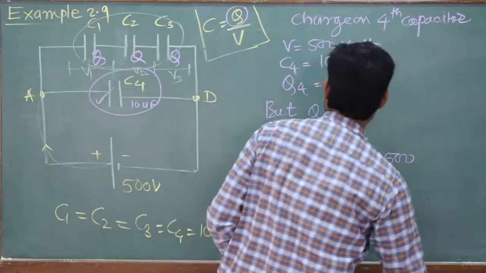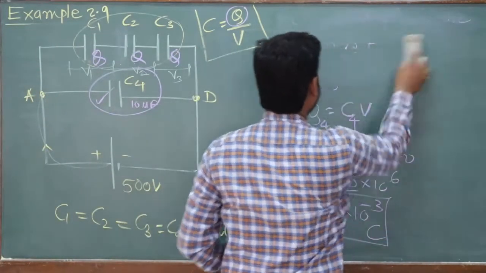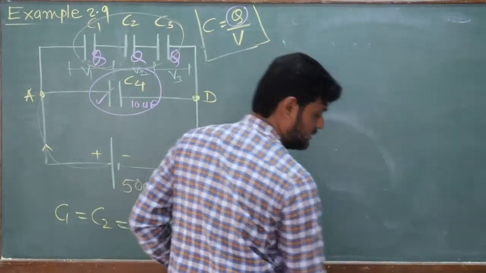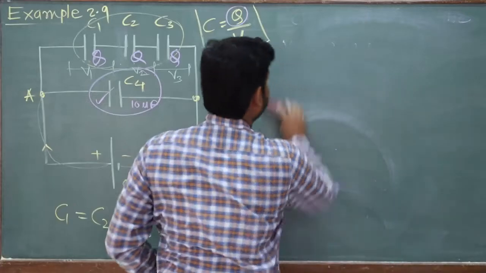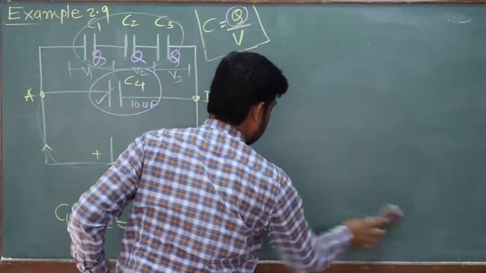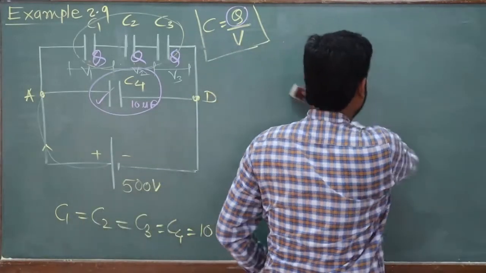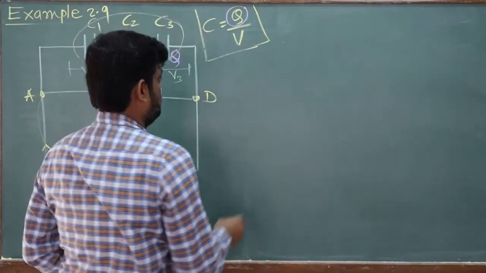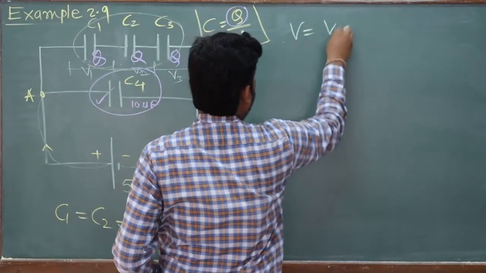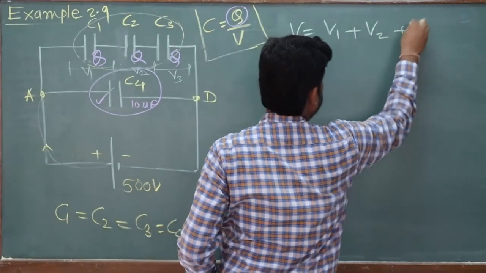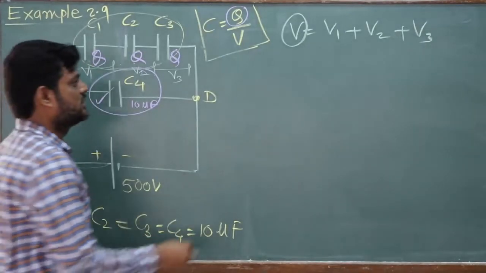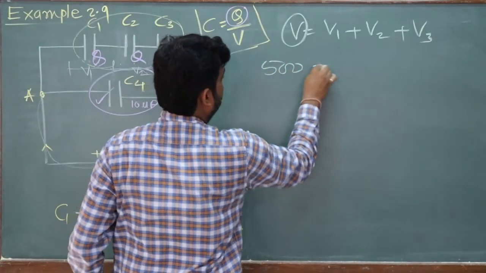So for finding the charge on the first, second and third, V equal to V1 plus V2 plus V3. What is V? That is equal to 500 volt.